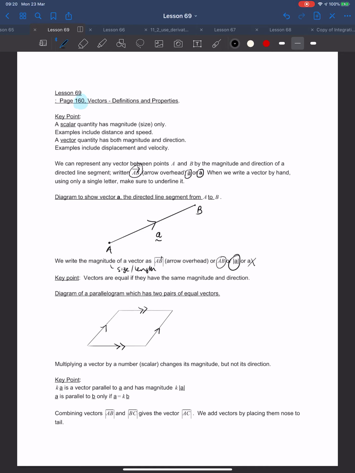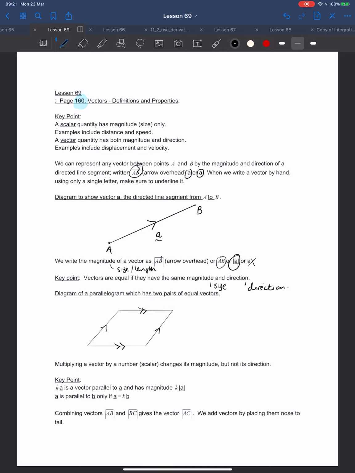A parallelogram has two pairs of parallel sides. The two sides with a single arrowhead are parallel and have the same magnitude and direction. So that's the size and that's the direction. And so do the ones with the double arrowheads.